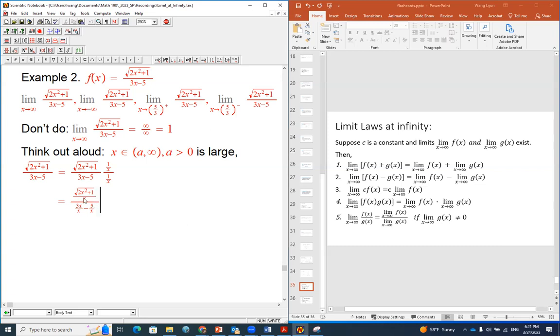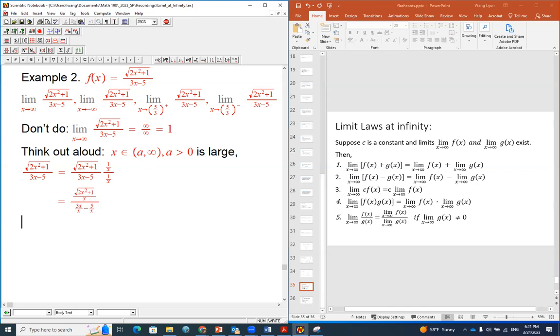Simplify. The question is, on the top, if there's a square root, can we take this x inside? If we take the x inside, it's going to become x squared. But we also need to be careful because we need to know the sign of x. Why?